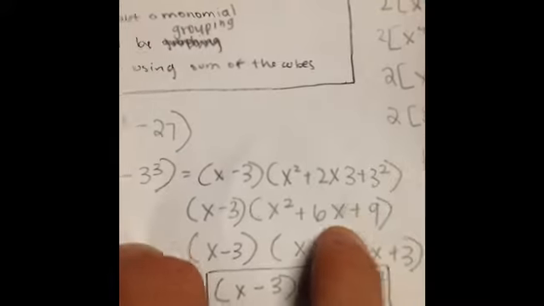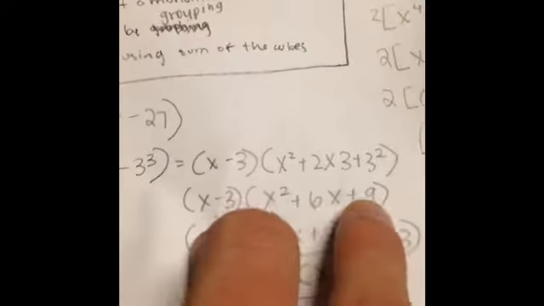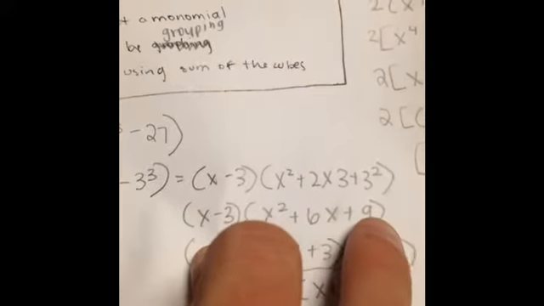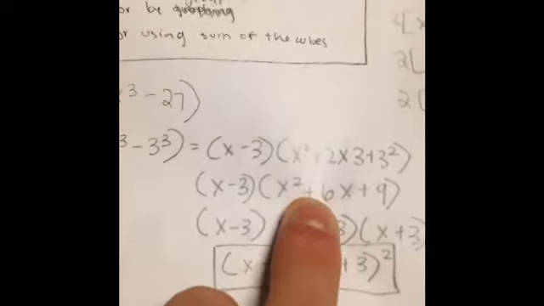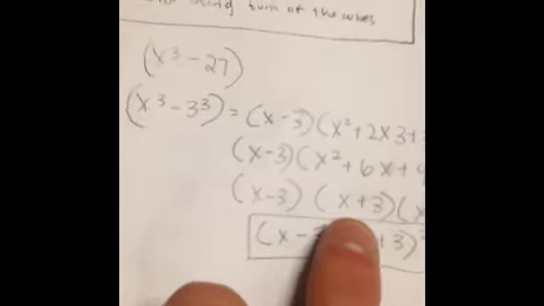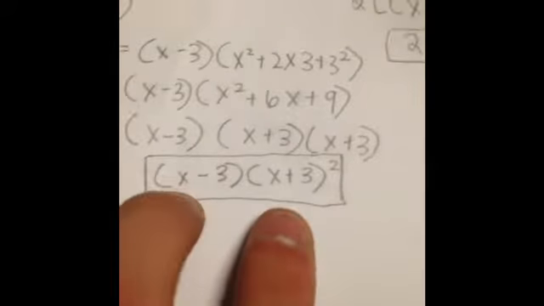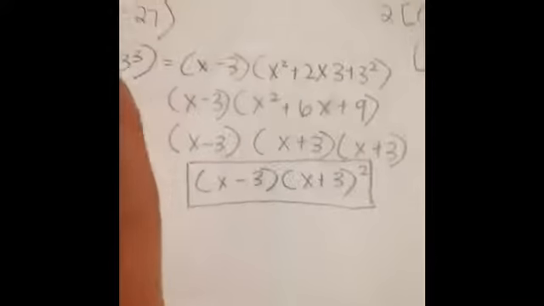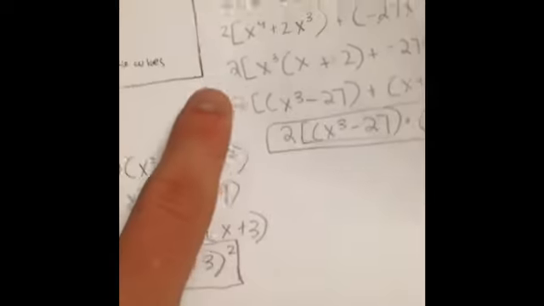Then you have to find a common factor in this to get this number. That's 3 times 3 is 9, and 3 plus 3 is 6. So you get x minus 3, x plus 3. And that's not the right answer because you got to bring that 2 back over here.